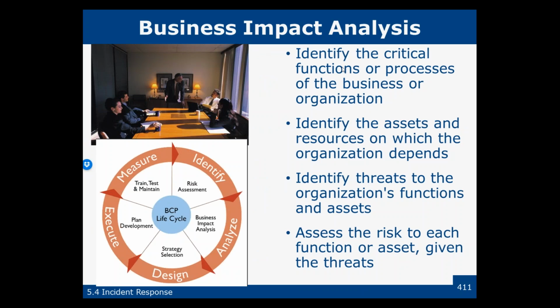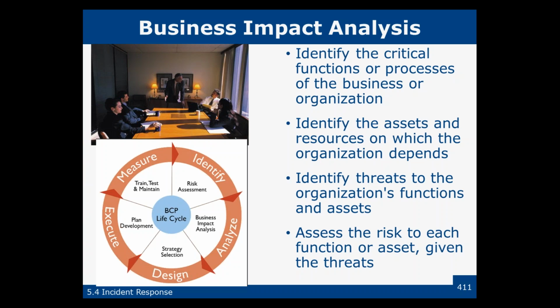So the business impact analysis here is a very important document. It identifies the critical functions or processes of the business or the organization. It identifies the assets and the resources which the organization depends upon.